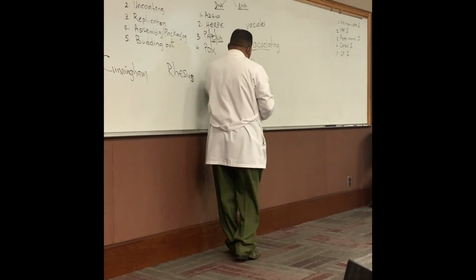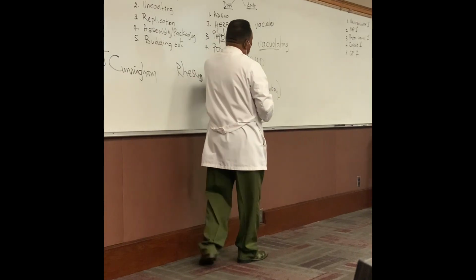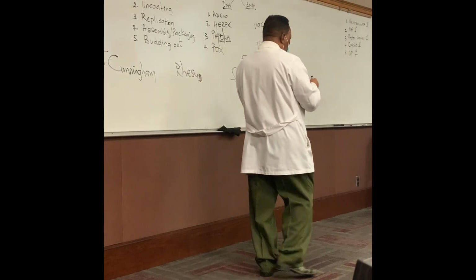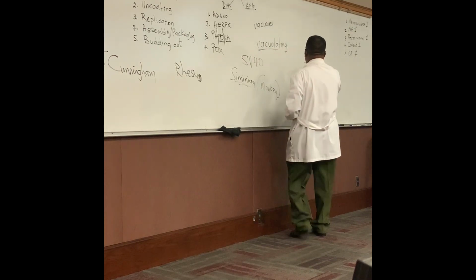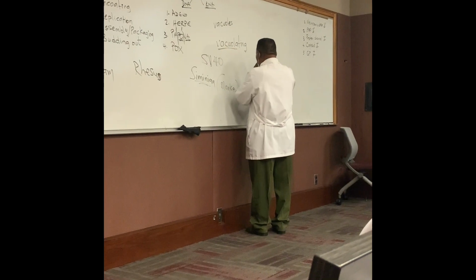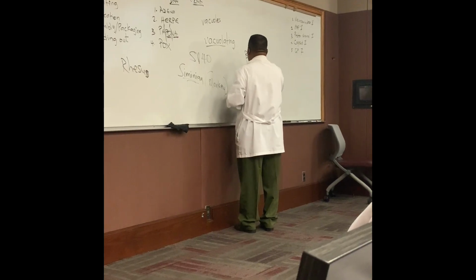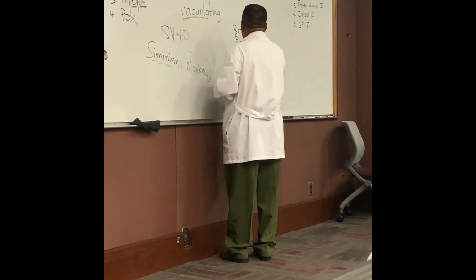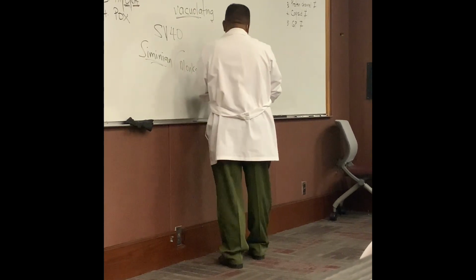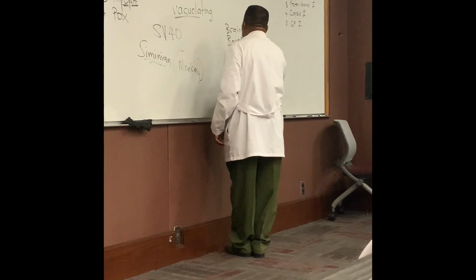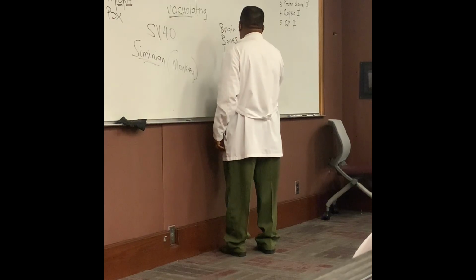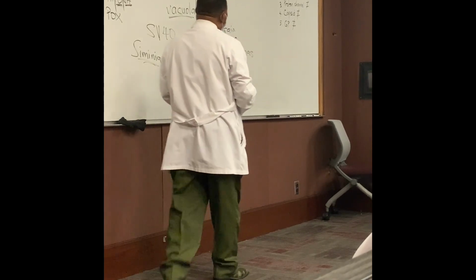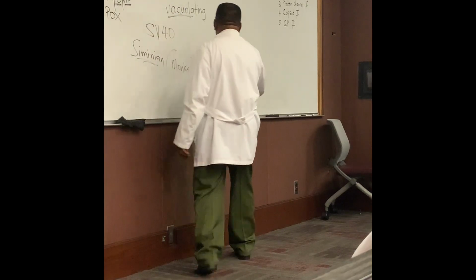And then number 40. SV40 has been implicated in infections of the brain, so it causes a lot of infections in the brain and the bones. It can also produce a lot of lymphomas. And also mesothelioma.